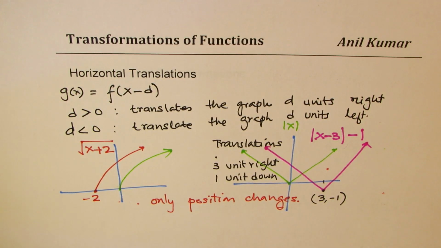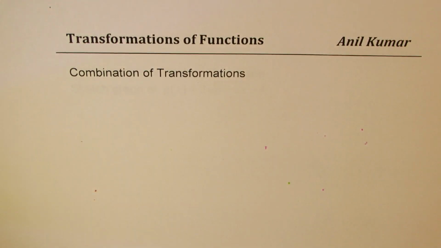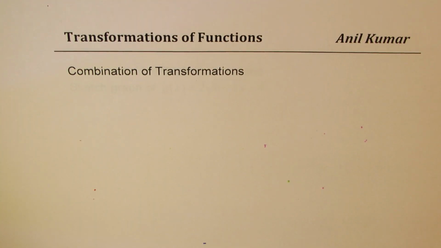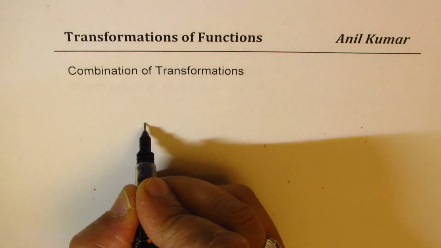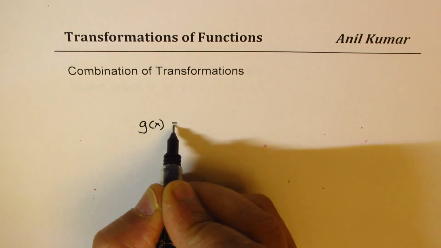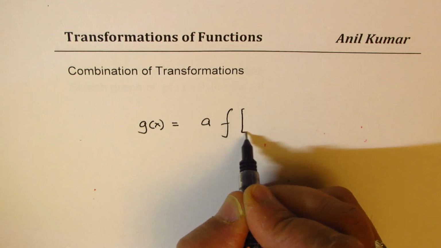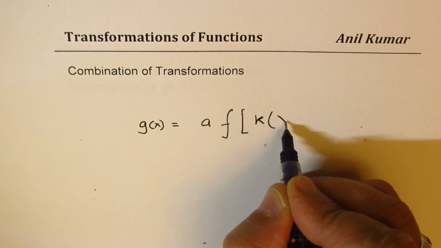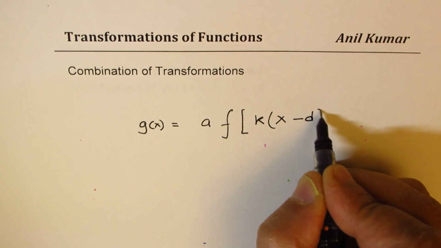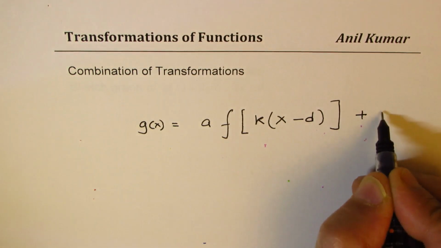And it's time for us to review all of them combined together. Let me combine all what we have learned here. So now we'll write a function g of x equal to a times f of k times (x minus d) plus c, right?